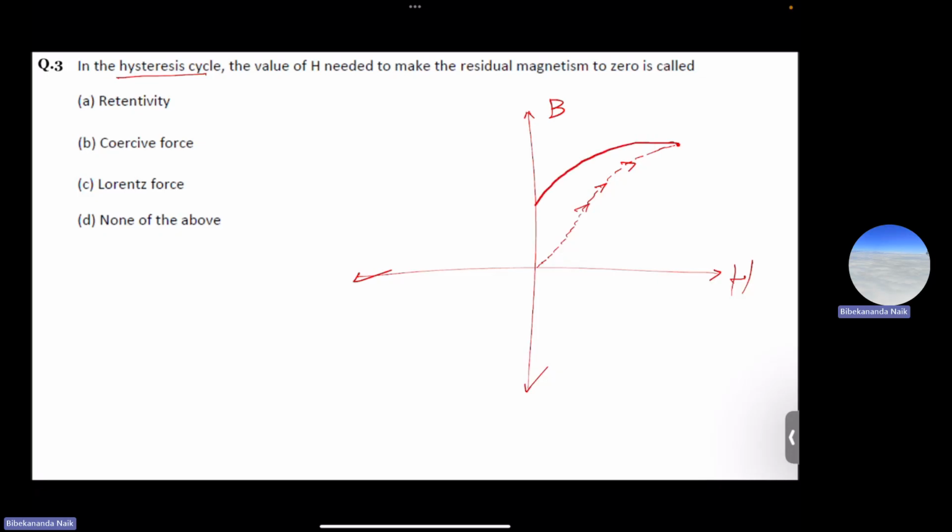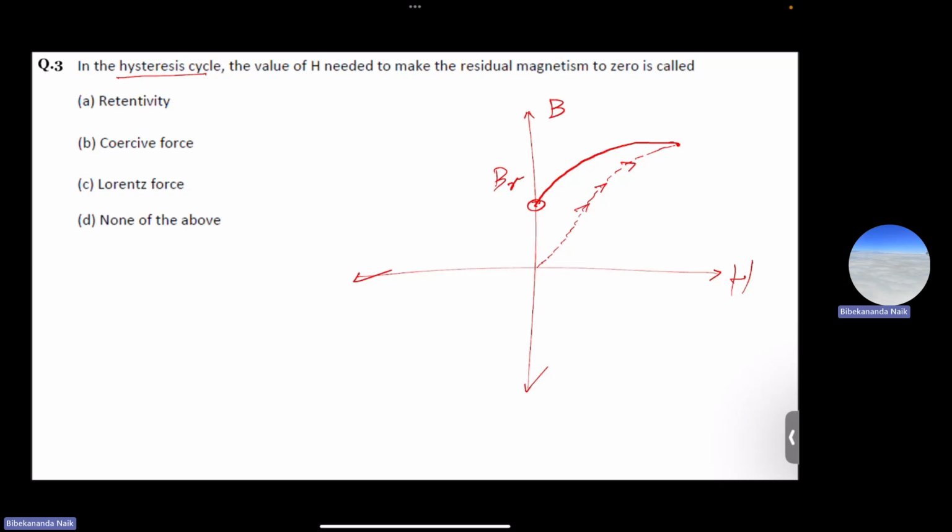However, it goes like this. Although H is 0 here, there is some remanent flux, which is called Br, the remanent flux density.